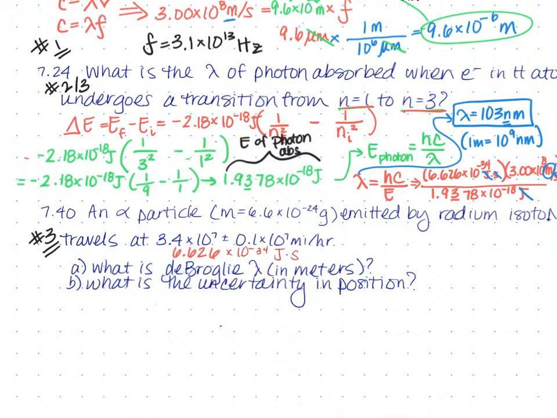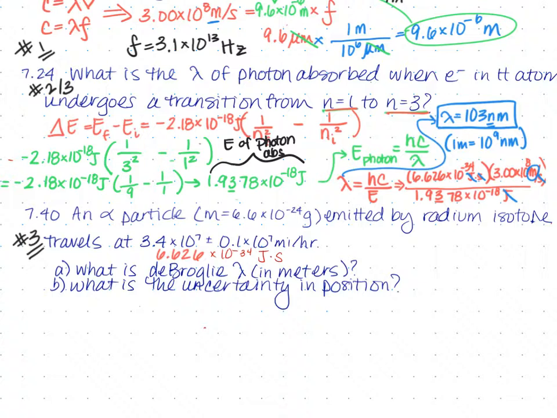Okay, so let's look at this problem. We haven't gone over this in class. An alpha particle that has this mass is emitted by a radium isotope. Great.